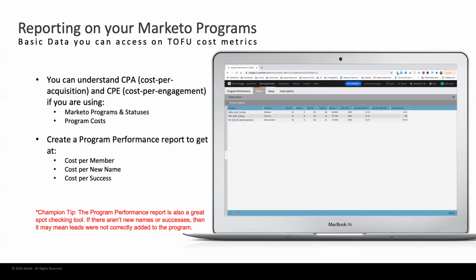This is going to break out just an initial sort of cost assessment for you really quickly and easily using a program performance report inside of Marketo. So if you have those components here, you should be able to see kind of what your CPA, CPL was.